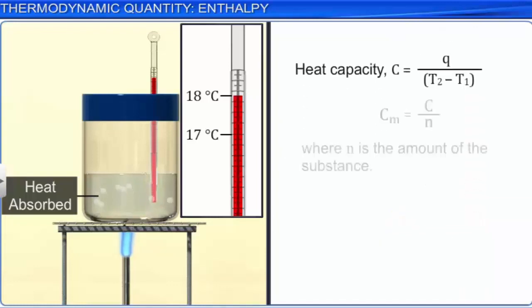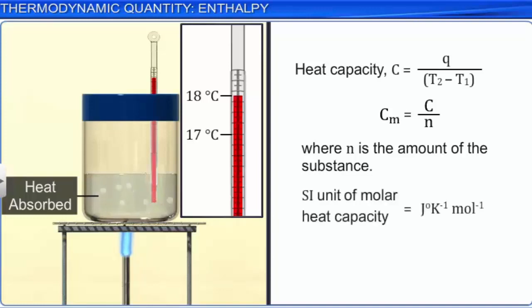The molar heat capacity of a substance is defined as the quantity of heat needed to raise the temperature of 1 mole of substance through 1 degree Celsius or 1 Kelvin. The SI unit of molar heat capacity is joule per degree Kelvin per mole.